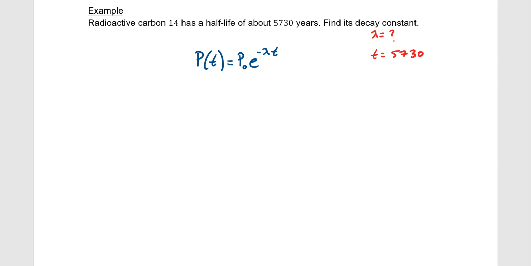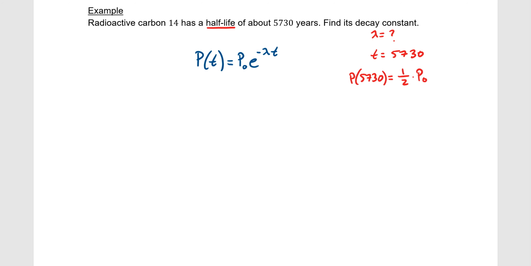But we don't have P of t and we don't have P naught. So what we have to do is know the definition of half-life. Half-life means that it's going to decrease its amount by half after 5,730 years. So that means P of t is going to equal 1/2 times its original amount. So we should technically write that as P of 5,730 will equal half the original amount.